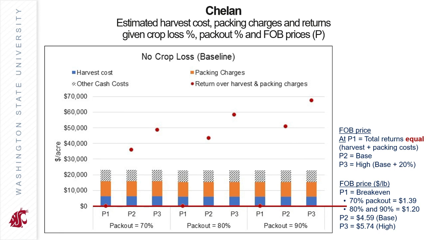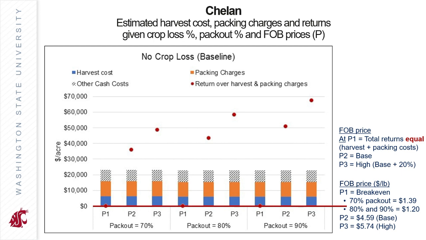The horizontal axis gives us the different FOB prices. At P1, total returns equal the sum of harvest and packing costs, or the return over harvest and packing charges is zero. At this price, a grower will be indifferent between harvesting and not harvesting. And below this price, returns will be negative, so harvest will not be economically viable.